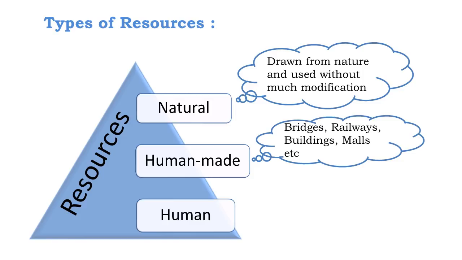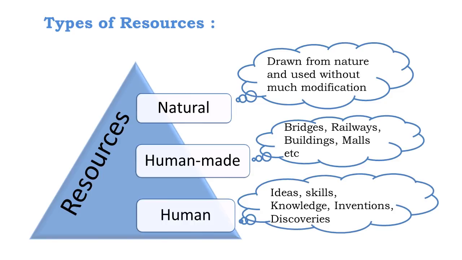For example, bridges, railways, buildings, malls, etc. And the last one, that is human resource. People can make the best use of nature to create more resources when they have knowledge, skill, and the technology to do so. That is why human beings are a special resource.